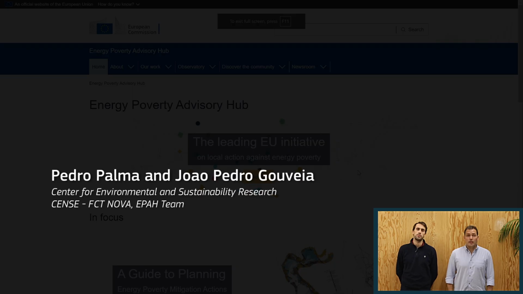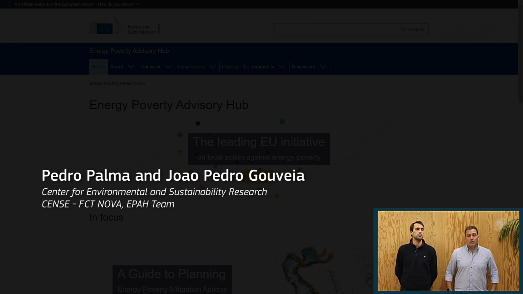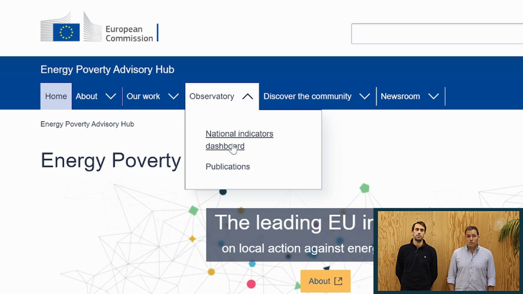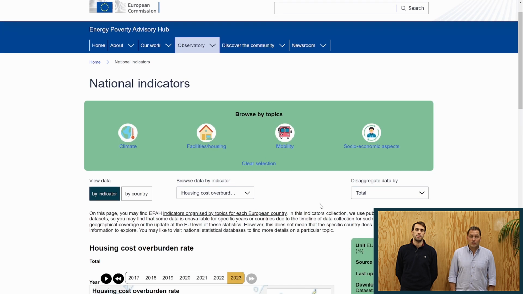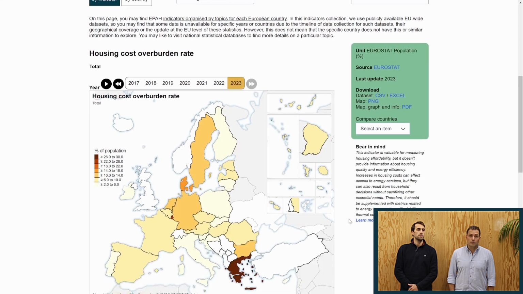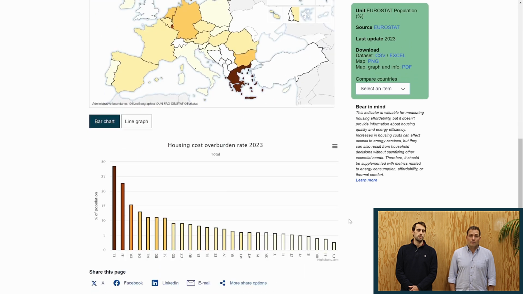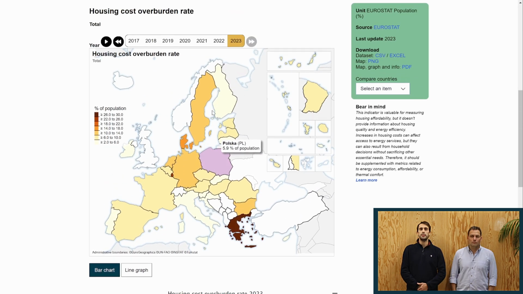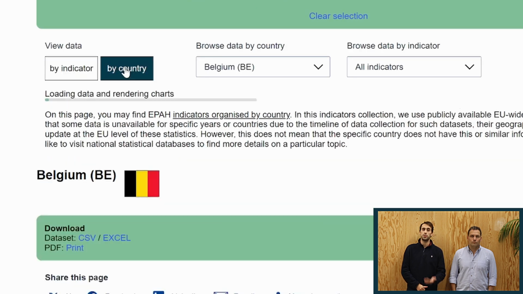The National Indicators Database and Dashboard we have on our EPAH website is a tool governments at different levels can use to identify, diagnose and register the energy poverty status and understand different contexts for energy poverty. Indicators are an essential part of the diagnosis process.